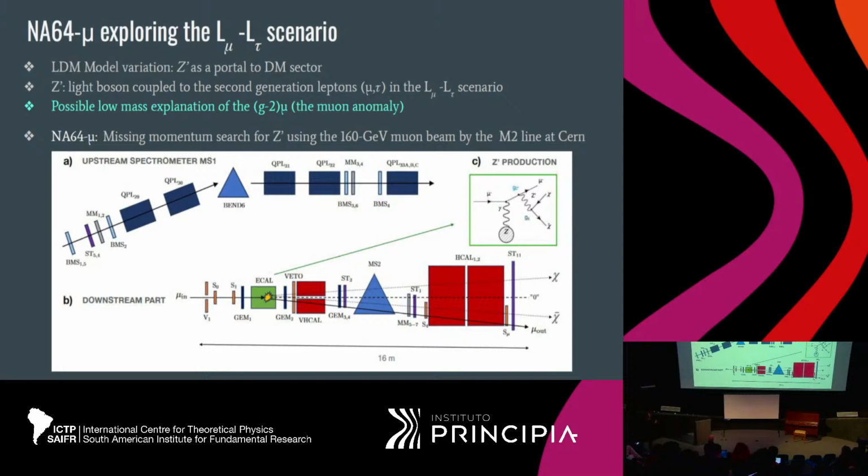You have a first spectrometer, composed of tracking stations with micromegas and straw tubes, a bending magnet, and some focusing quadrupoles.